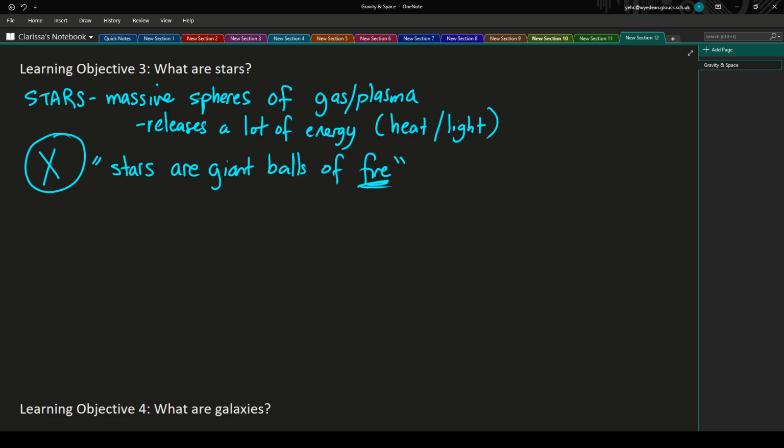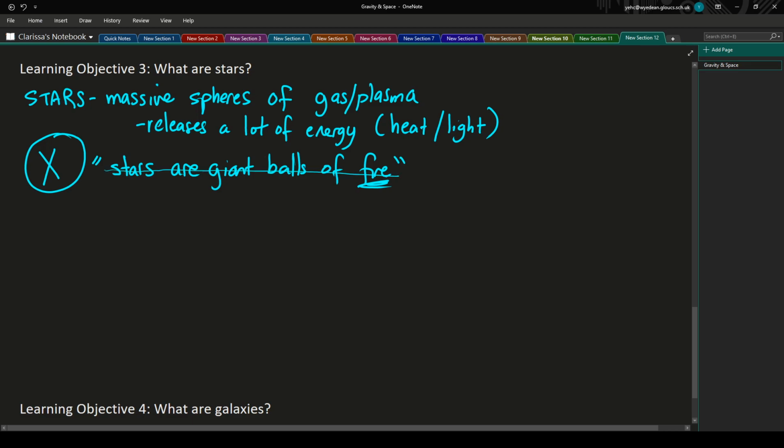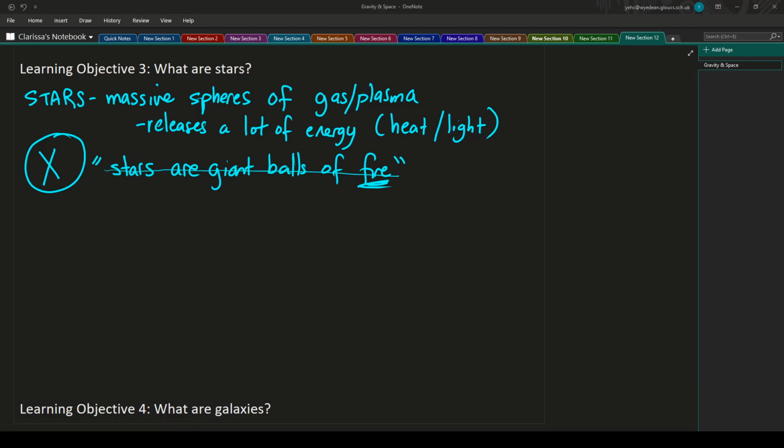It's similar to fire in that fire also releases energy in the form of heat and light, so it looks similar, but their composition, what they're made out of, is entirely different. So not fire at all. Chemically, it's entirely different, even though they might look similar. So do not make this mistake. Otherwise, you won't get any marks for an answer like this.